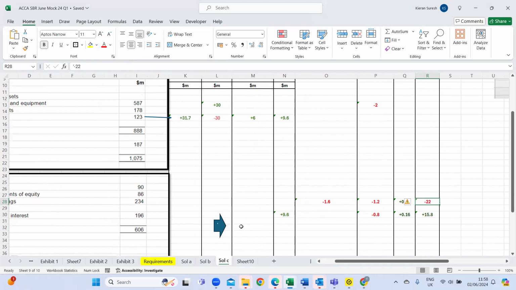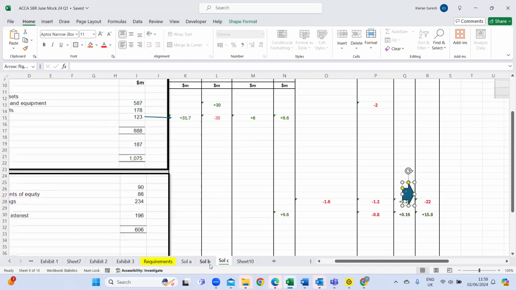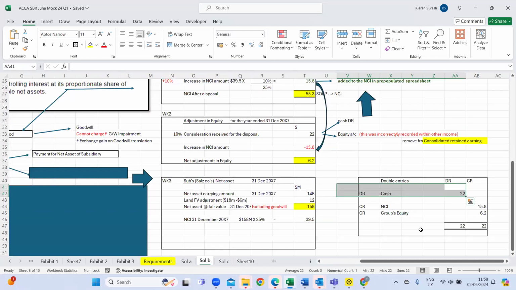And so the next part, if you just work this out clearly, the next item on here with respect to this is the 6.2, which is the equity.